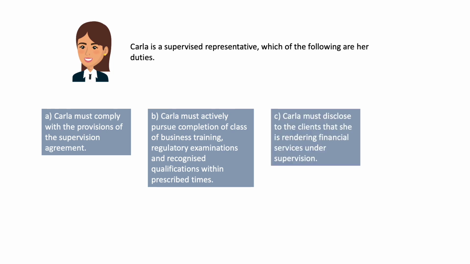C. Carla must disclose to the clients that she is rendering financial services under supervision. D. All of the above. Pause the video here if you need some time to read over the question and think about your answer.